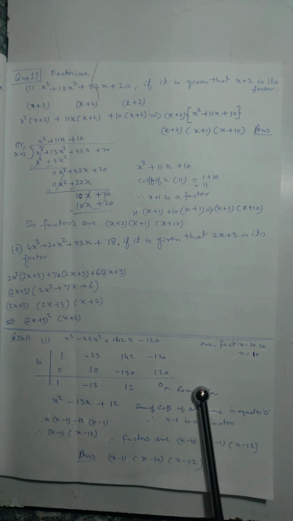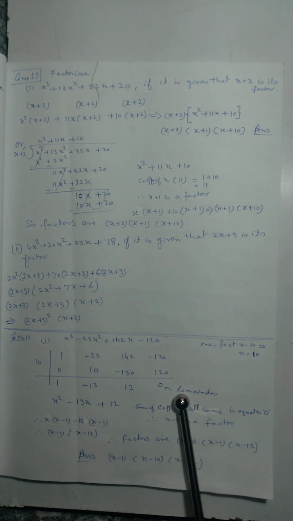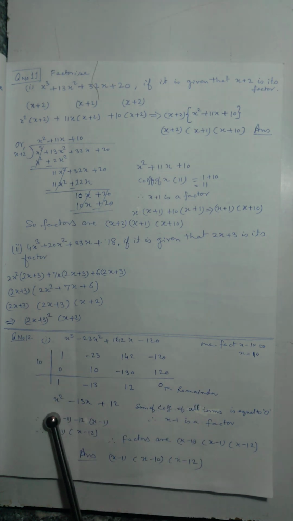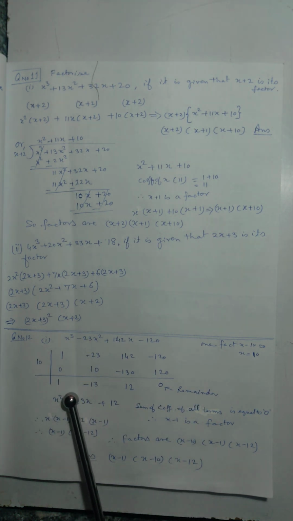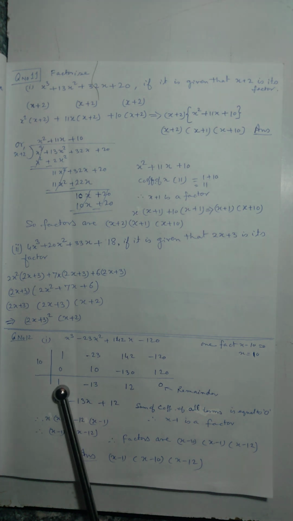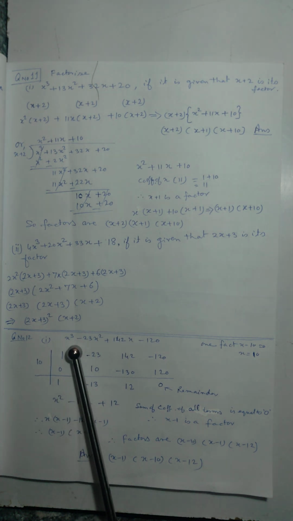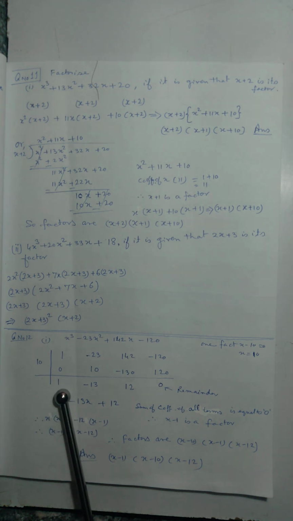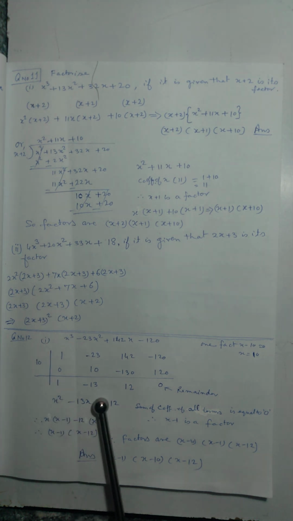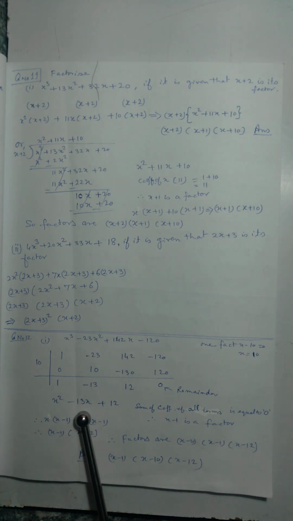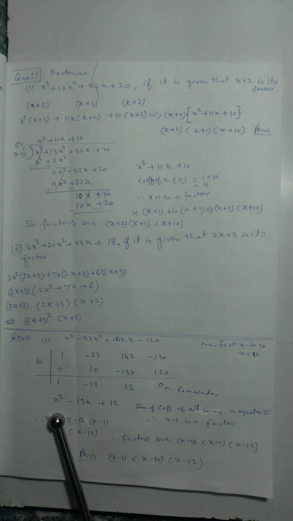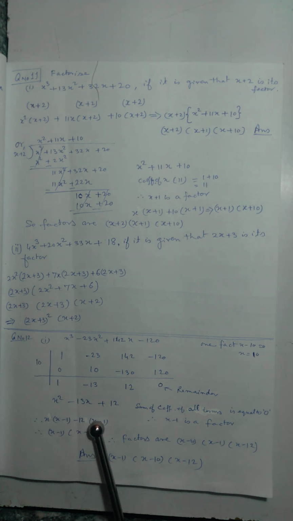This will be the remainder. To get the quotient, take 1 degree less, that means x square. So this will be the coefficient of x square, this will be the coefficient of x and this will be the constant, which I have written here: x square minus 13x plus 12.